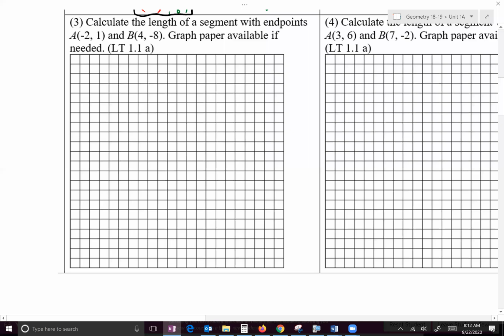All right. Number 3, calculate the length of a segment. Well, let's graph this. This is going to be a lot easier if we graph this.